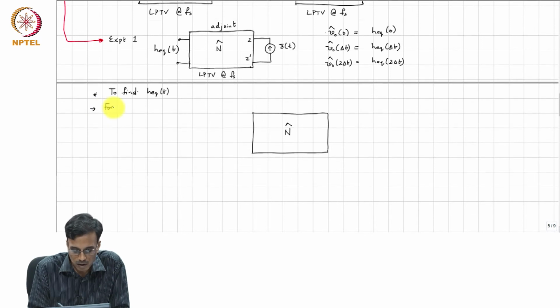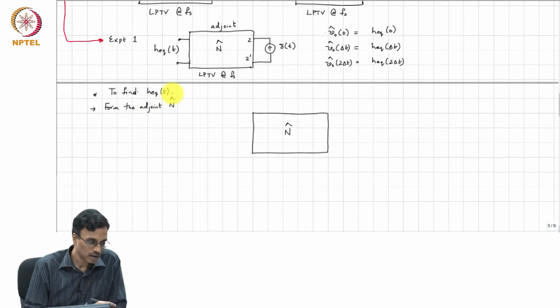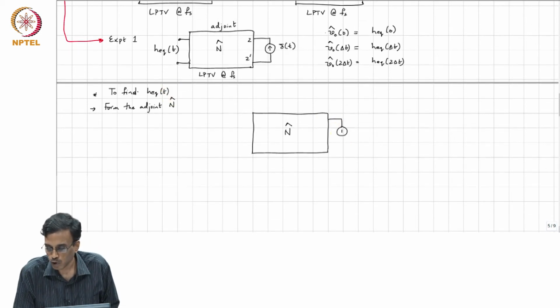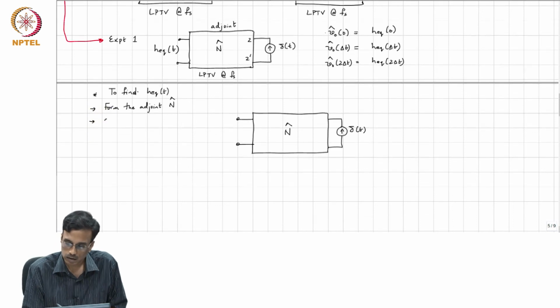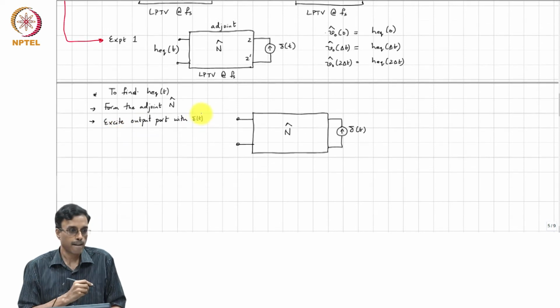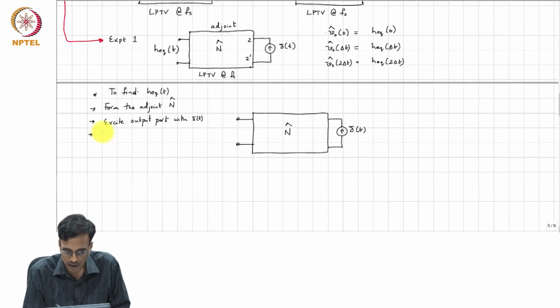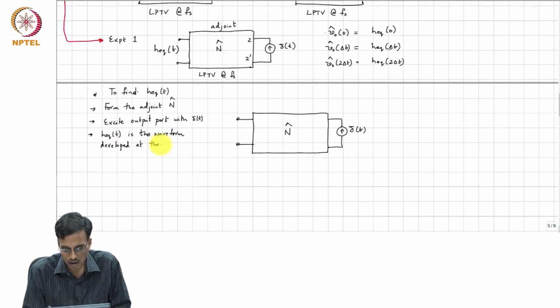you form the adjoint N hat. You excite the output port with an impulse delta t at t equals 0, and h equivalent of t is the waveform developed at the input.